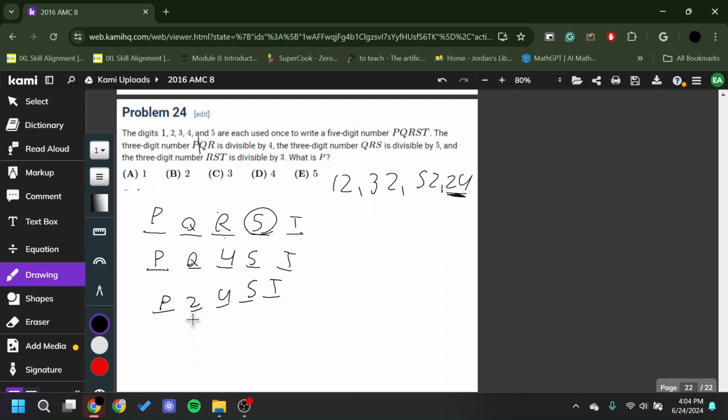But since 4 plus 5 is 9, R plus S plus T must be equal to 12. So therefore, we know that T is equal to 3, which means P has to be equal to 1, which is A.